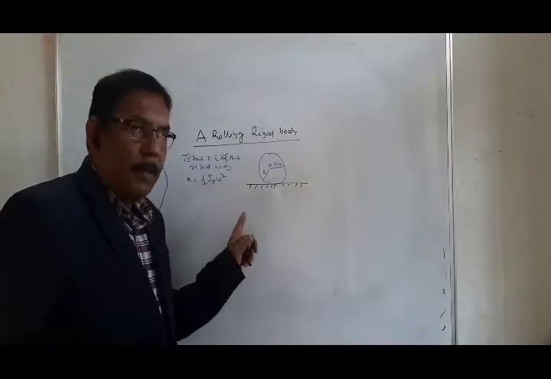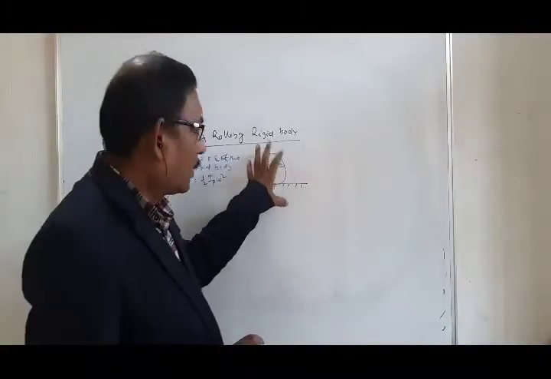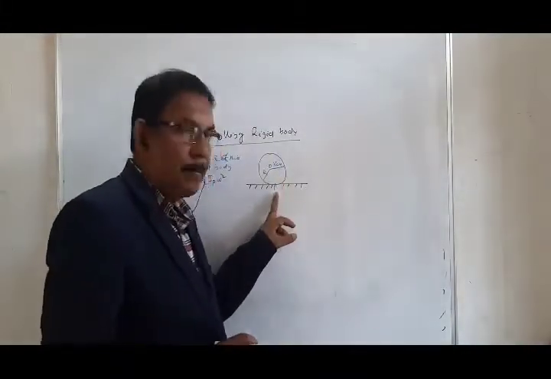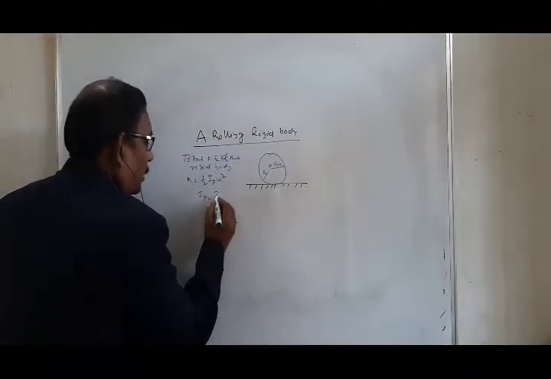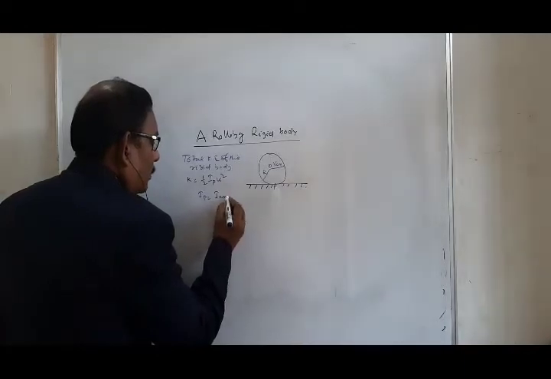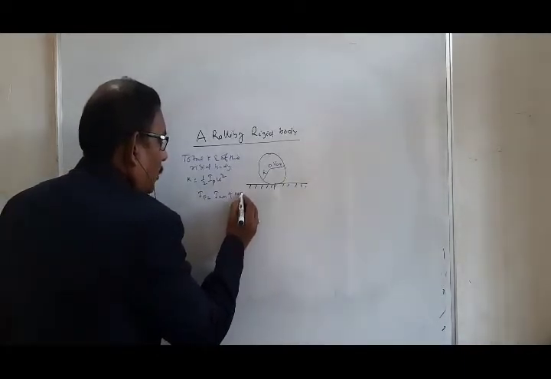Here I_P is the moment of inertia of the rigid body about the point P, and I_P is equal to I center of mass plus m r square.